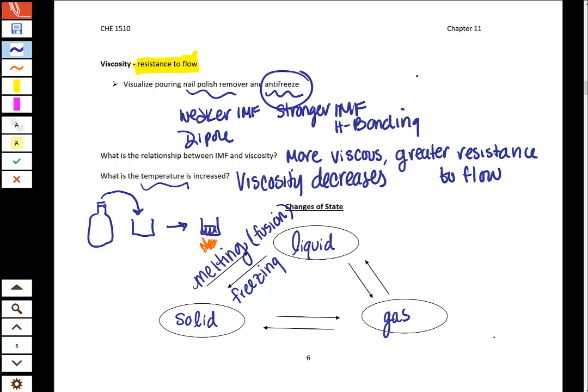I'm going to make that arrow thicker and then call this evaporation. In chemistry world, sometimes we call this vaporization. If we're going the other direction, from gas to liquid, we call that condensation.